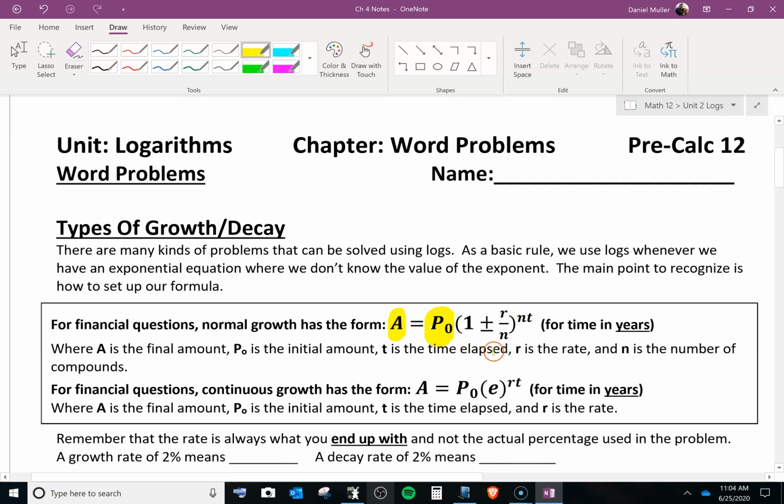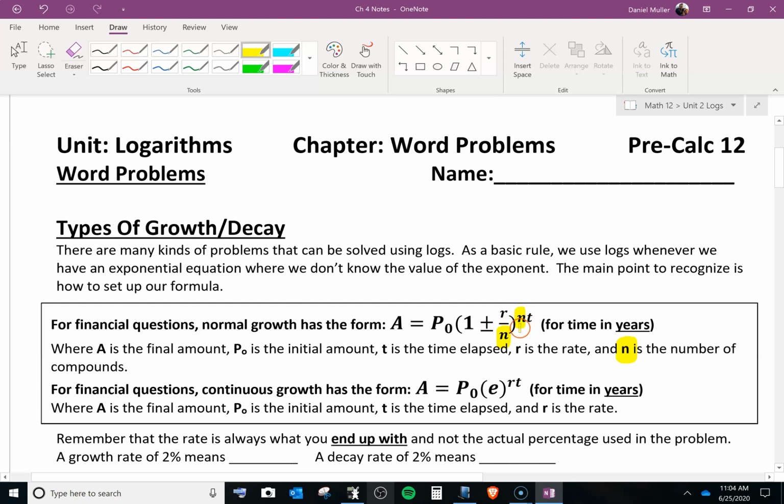And lastly, one of the strangest ones is n, where n is the number of compounds. Sometimes your interest will compound. They'll collect the interest and put it back into the bank for you. If it compounds yearly, it compounds once, so it collects your interest at the end of the year and throws it back in.